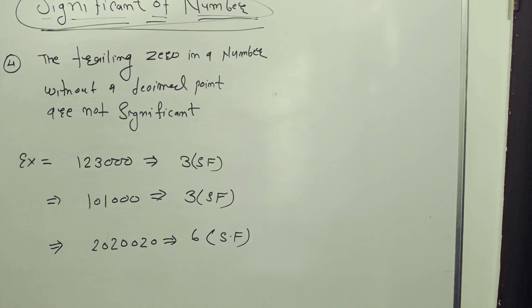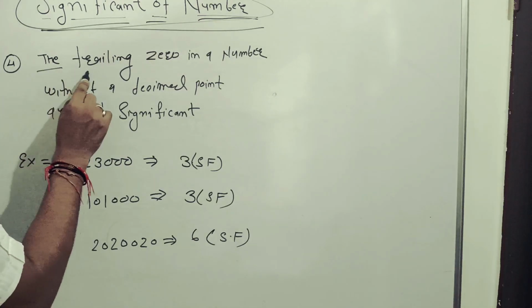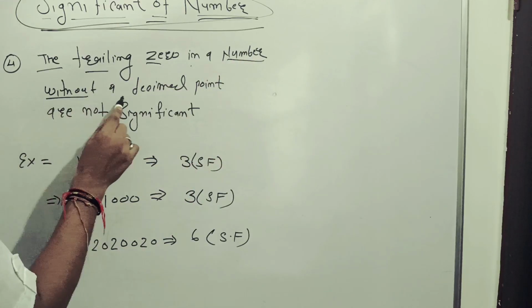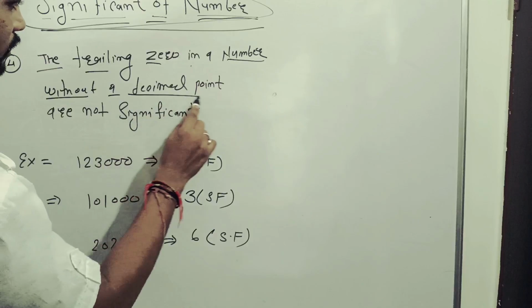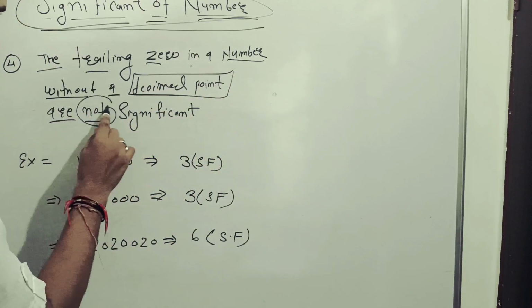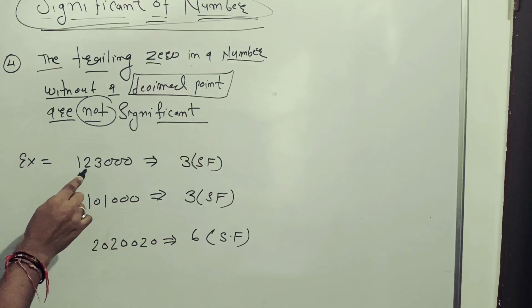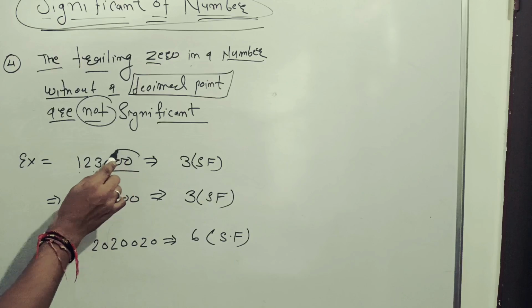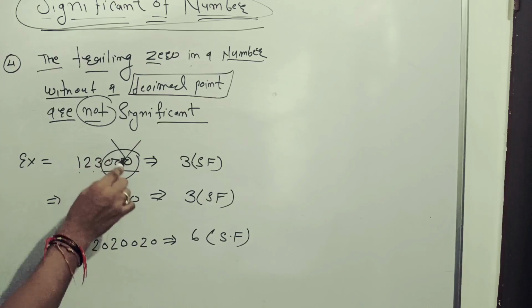And rule number 4: the trailing zeros in a number without a decimal point are not significant. For example, 1230: the trailing zero is not considered.